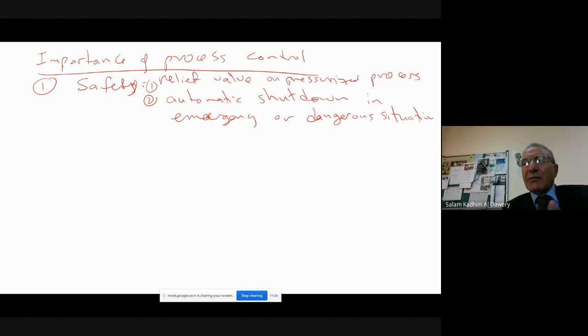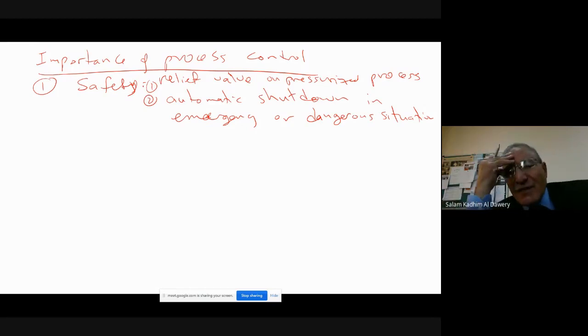I'll give you an example in a refinery, because they are dealing with crude oil. Crude oil is a thick material. They use heating to get fractionation in the distillation column, or other processes like cracking and desulfurization, all of which depend on heating. Anything could happen; fire could be caused there. So you should have an automatic shutdown that follows a certain procedure.